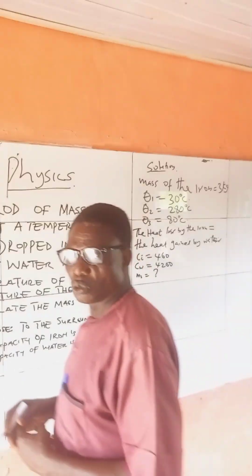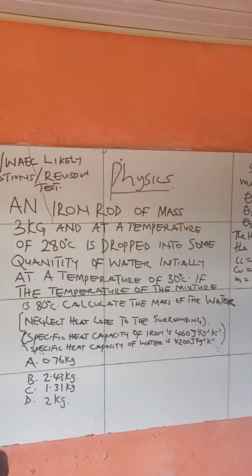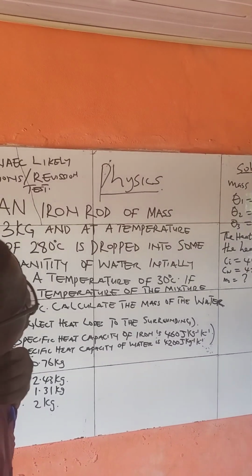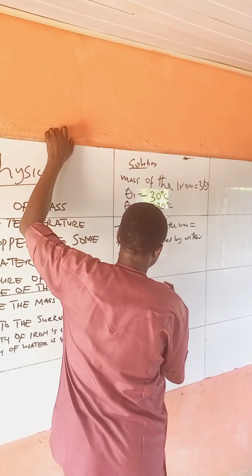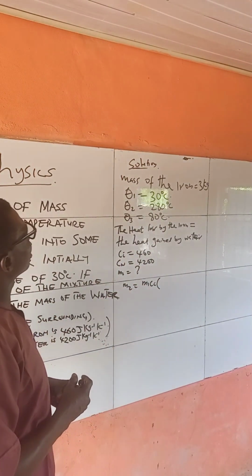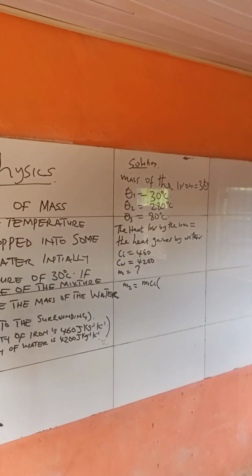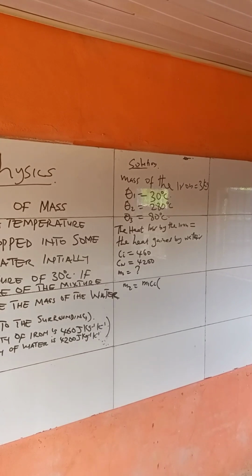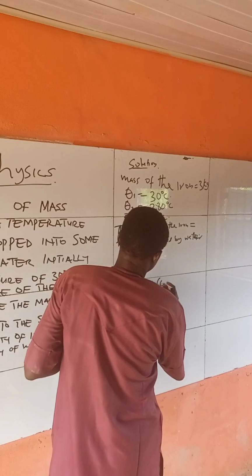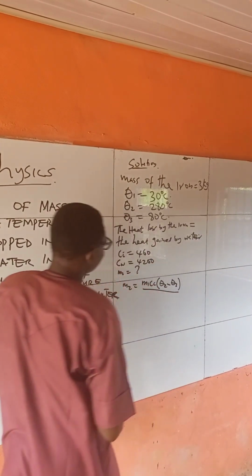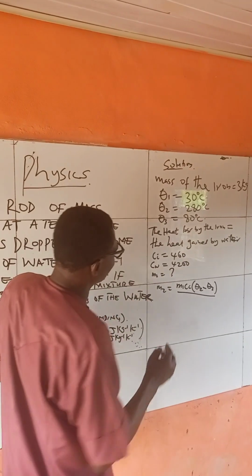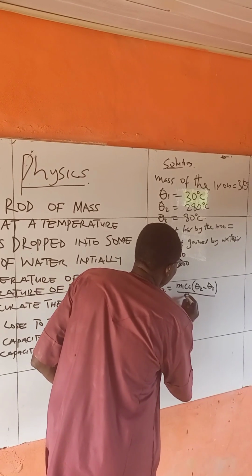So we have M2 equals M1 Ci times (theta 2 minus theta 3) all over Cw times (theta 3 minus theta 1). Our theta 1 is 30, theta 2 is 280, and theta 3 is 80.